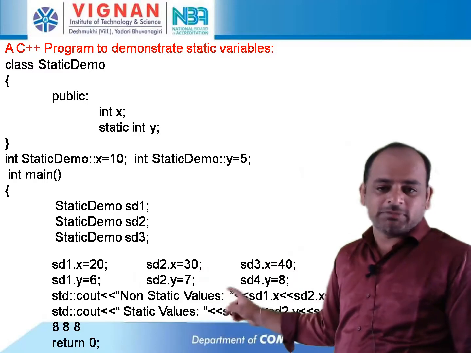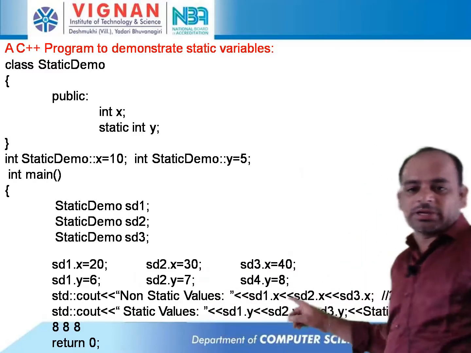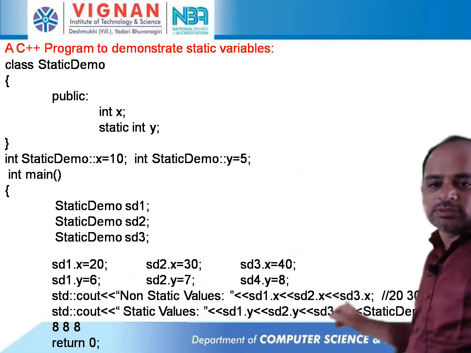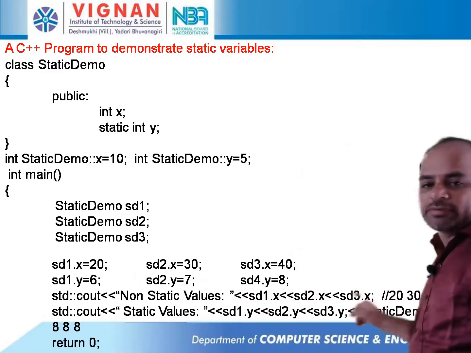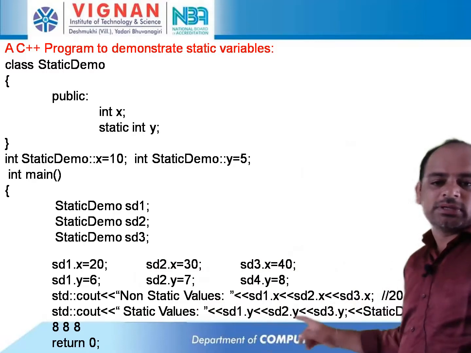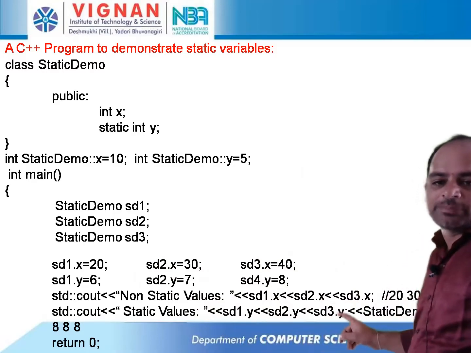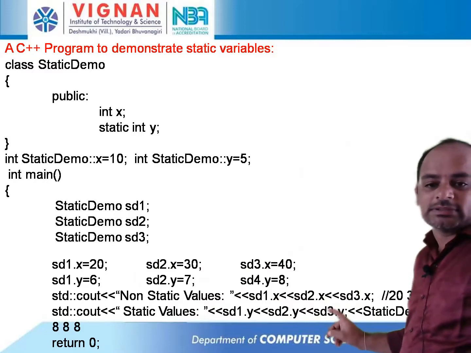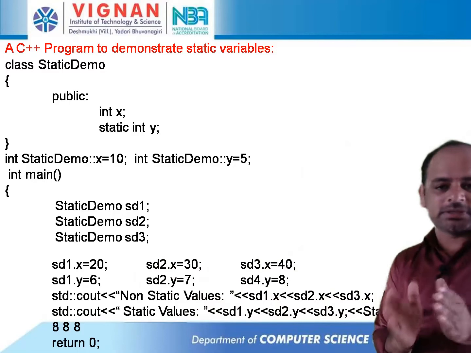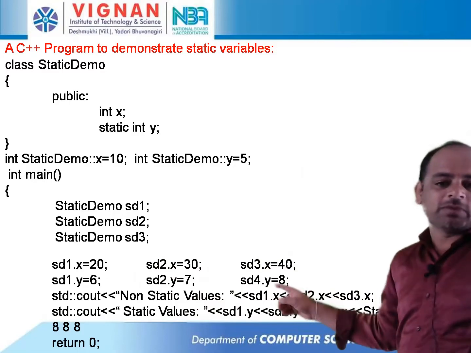When we display the values of SD1.x, SD2.x, SD3.x, this will print 3 different values: 20, 30, 40. But with SD1.y, SD2.y, SD3.y, we are accessing the static member using 3 different objects, but only one copy is there.